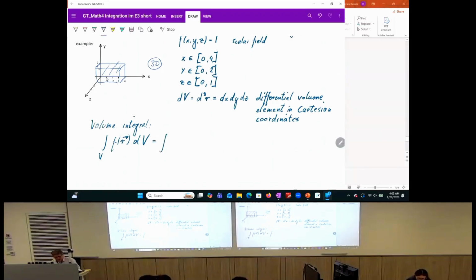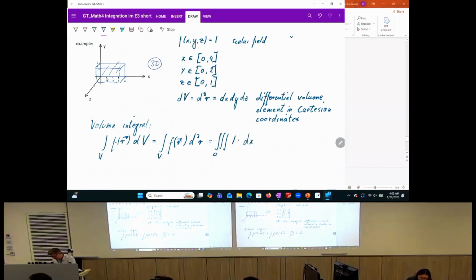You can also write that here as a volume integral over the element. But as you see, the alternative way of writing this volume integral is that you basically split it up into the 3 differential elements. The function value is 1.